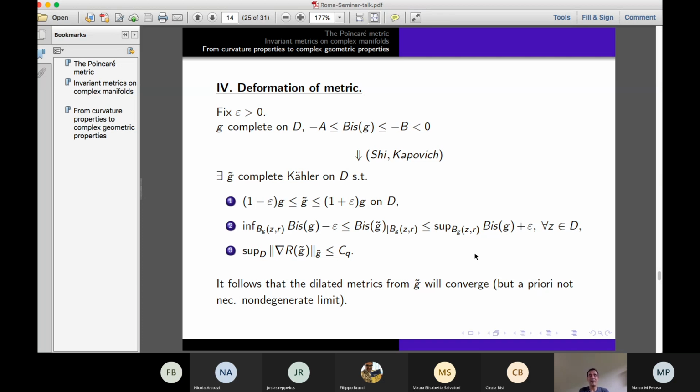Here, you have everything you want to be able to dilate, so to consider the affine transformation A nu. Instead of working with G, you work with the new metric G tilde. Since the holomorphic bisectional curvature of G is negatively pinched outside the compact set, you will get the same property by point 2 for the new metric G tilde.